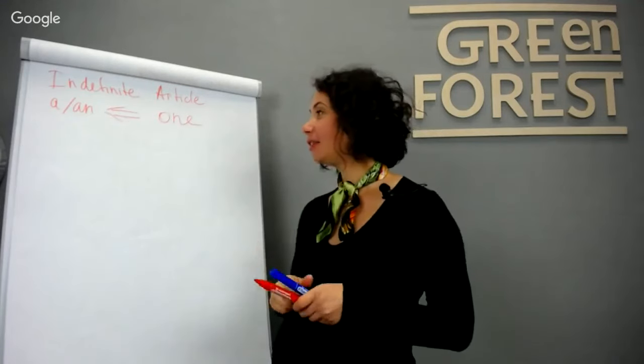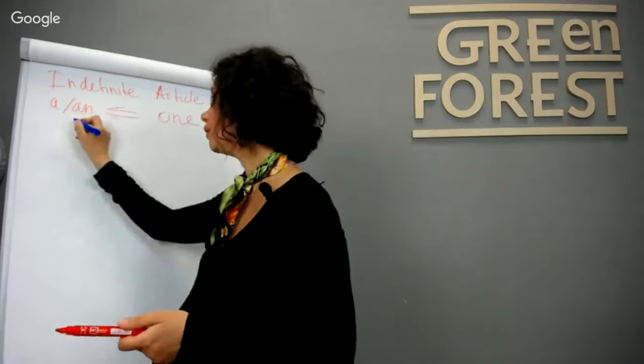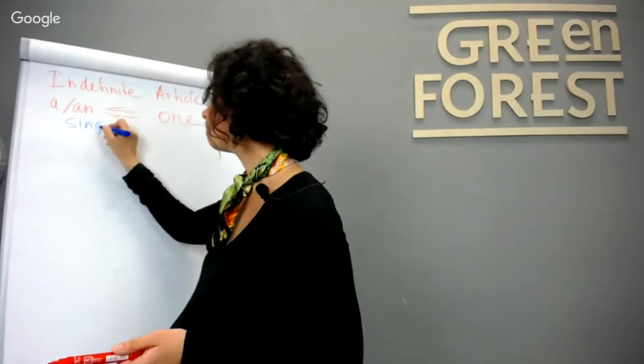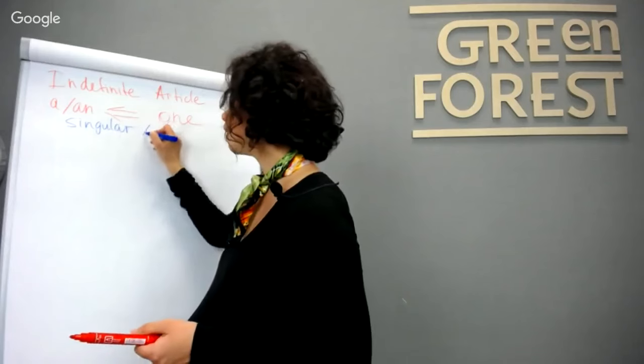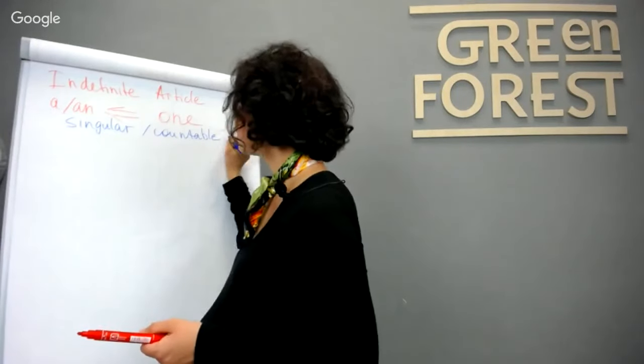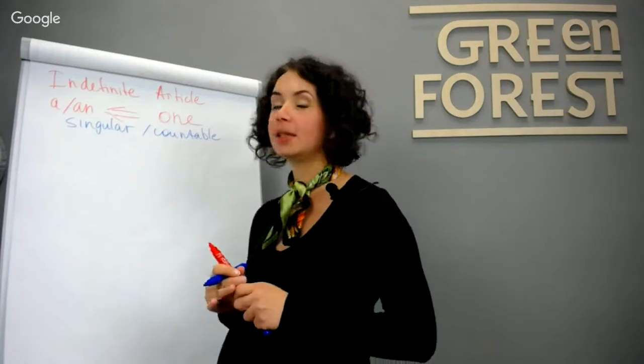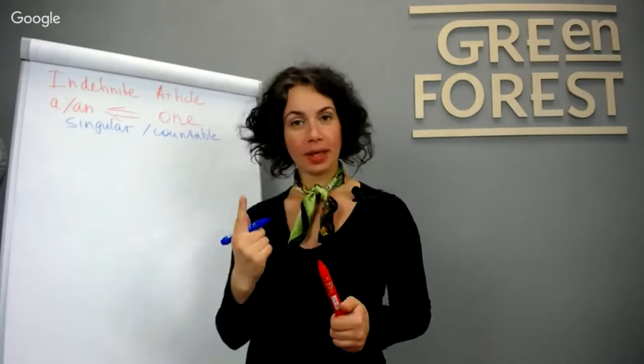From this origin, we can understand that the indefinite article can be used only for singular and only for countable nouns. So when we say a book, we say a book because we have one book.